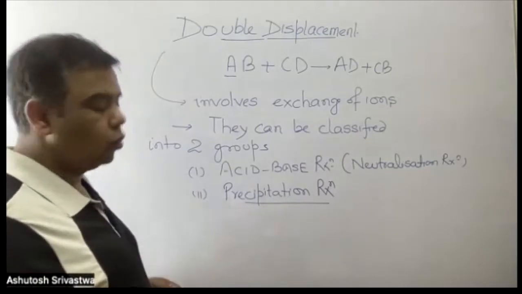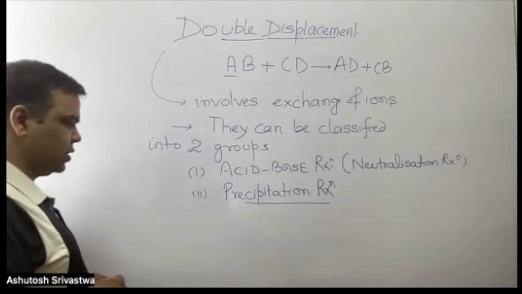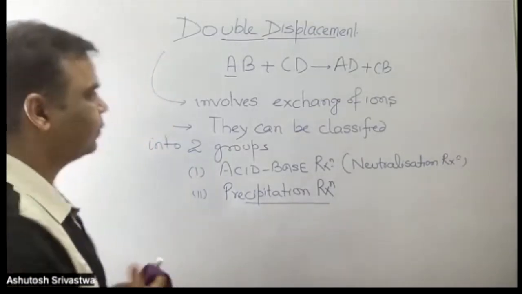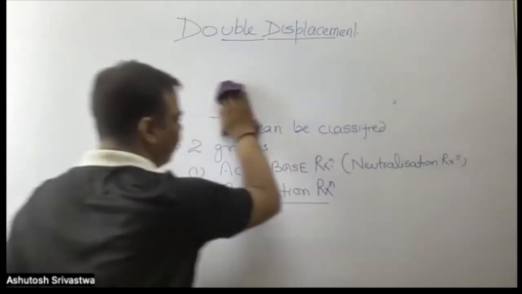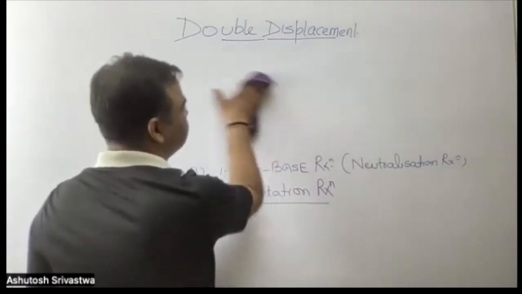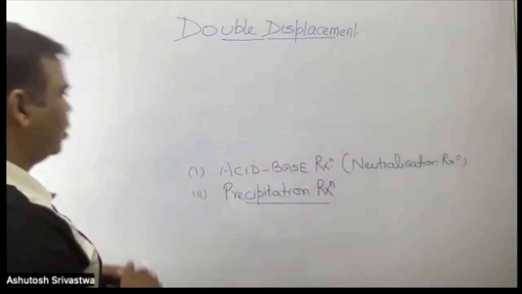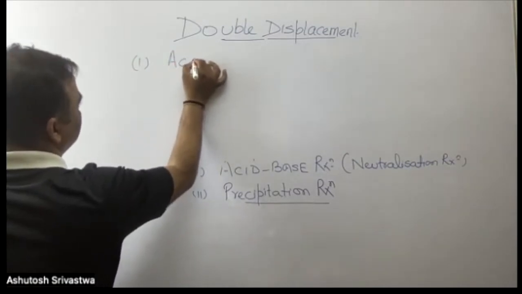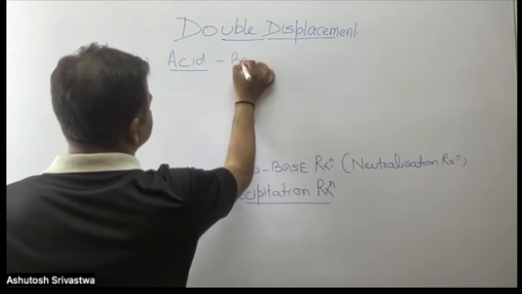So let us first take up acid-base reactions, and then we will take up the precipitation reaction. Okay. Now, what is an acid-base reaction? First of all, what is an acid? What is a base? Let us try to understand what is an acid and what is a base.